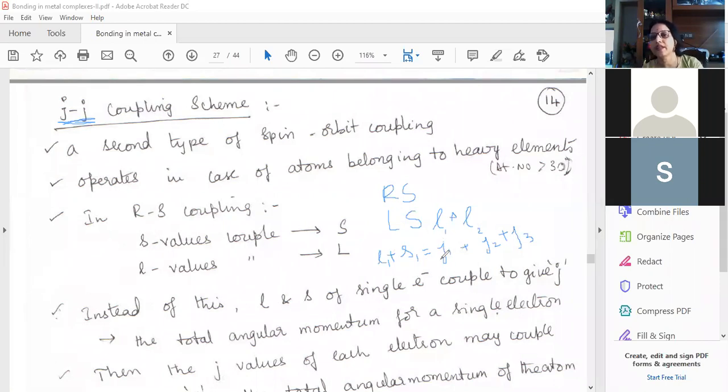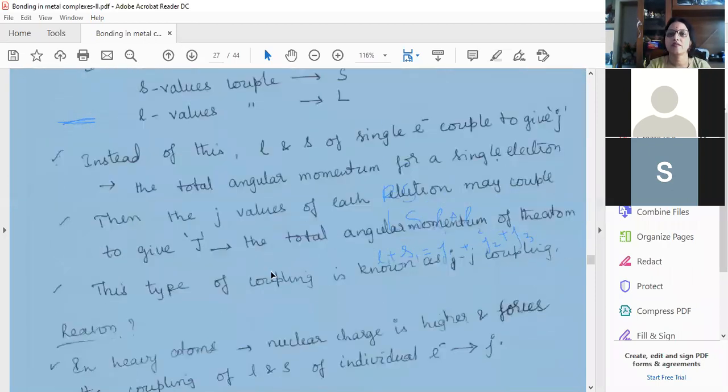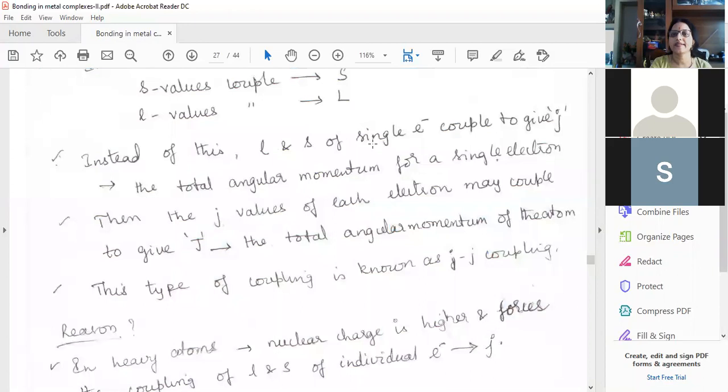When I couple these small j's, you call it jj coupling. Single electrons couple l and s to give the small j, and when the small j values couple, you get the capital J value.